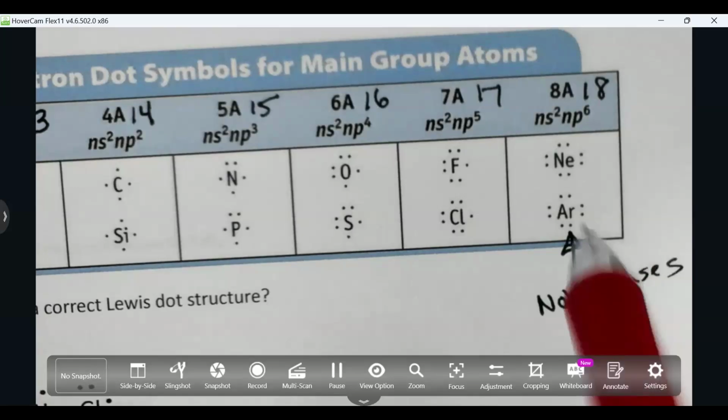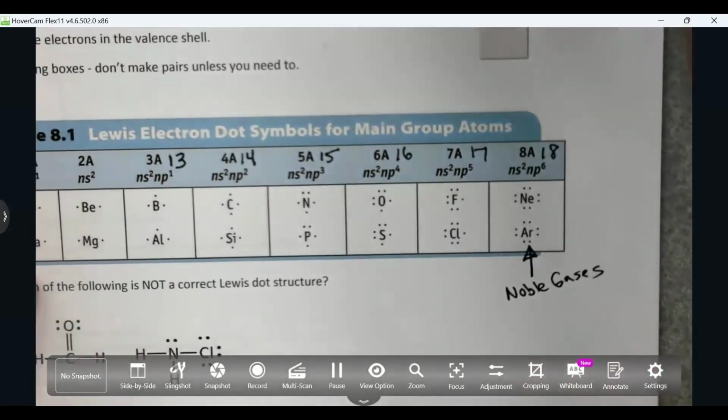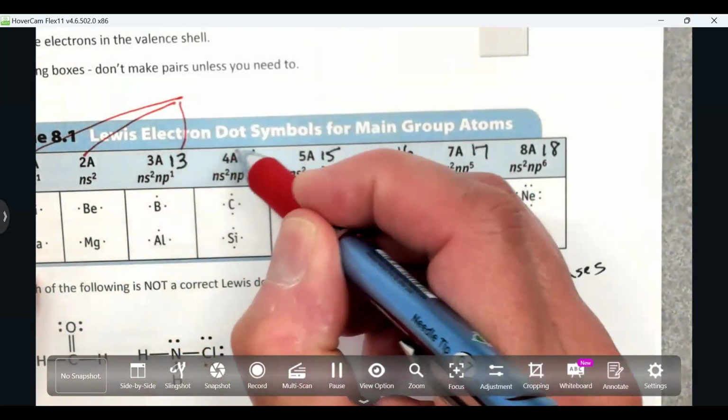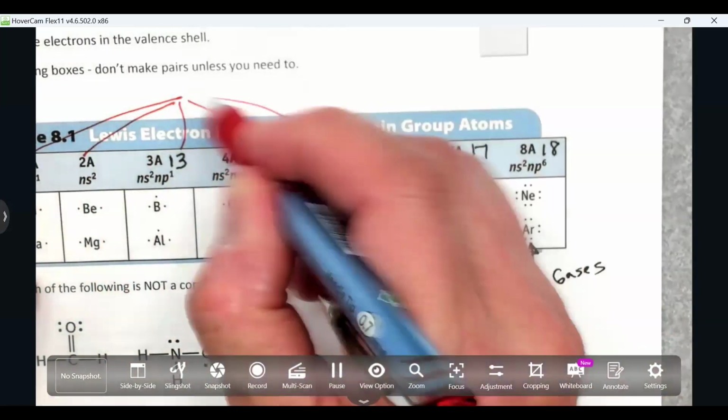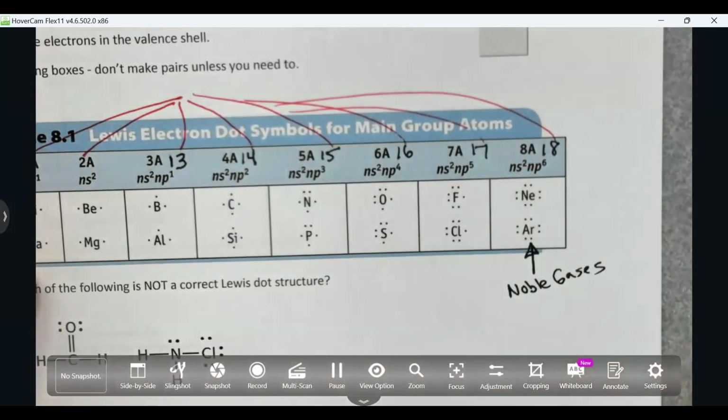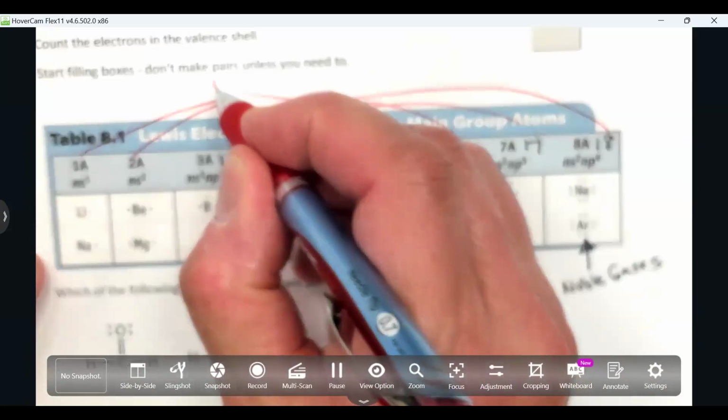Now, remember, the valence electrons are the ones place, right? That's our valence electrons.